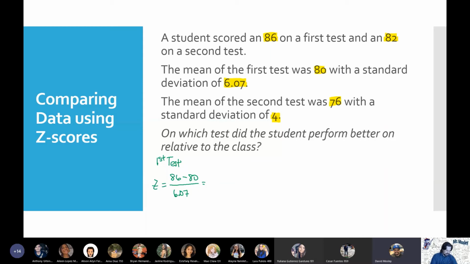And that gives us a 0.99 for the z-score as an approximation here. I'm rounding the decimals. All right, so our z-score on the first test is 0.99.